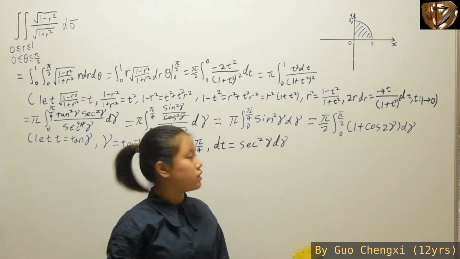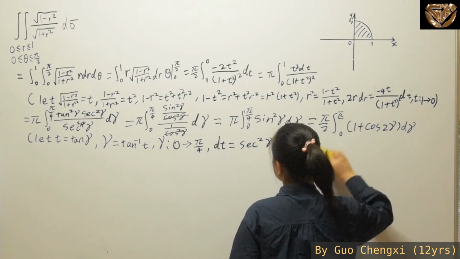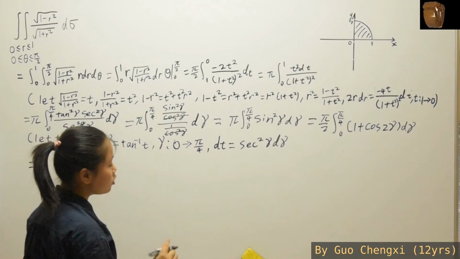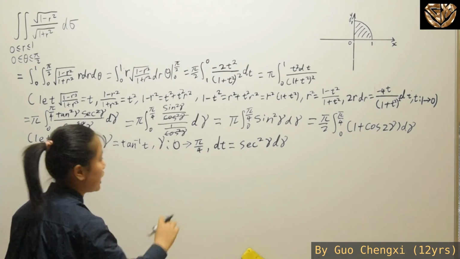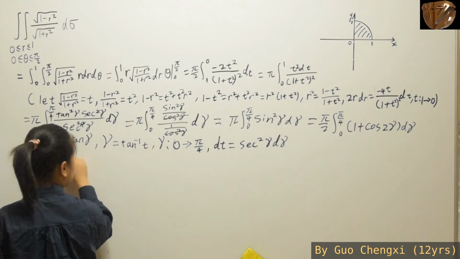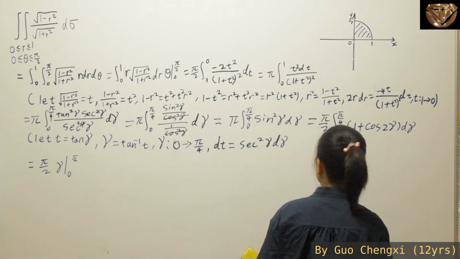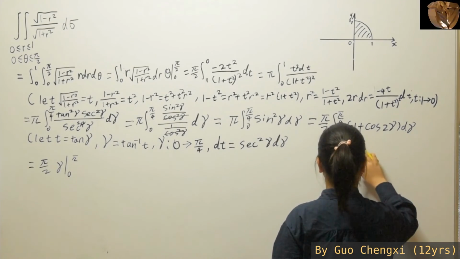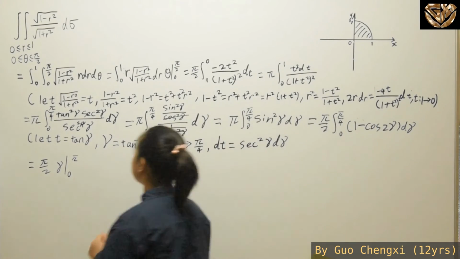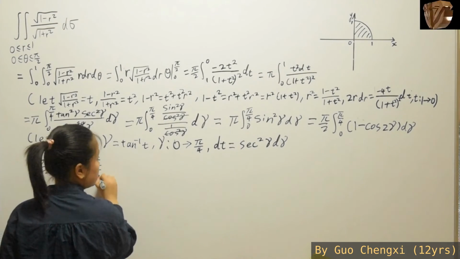Okay, so over here what you're going to have for this part is that, now that you have gotten this part, you can integrate for the 1 already, which you're going to get pi over 2. Wait. Whoops.